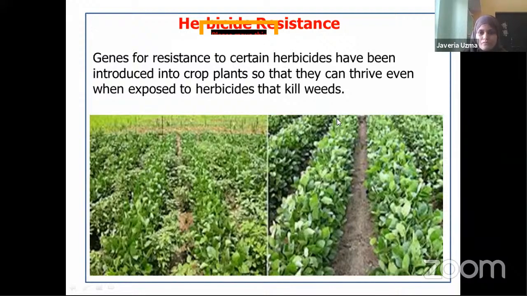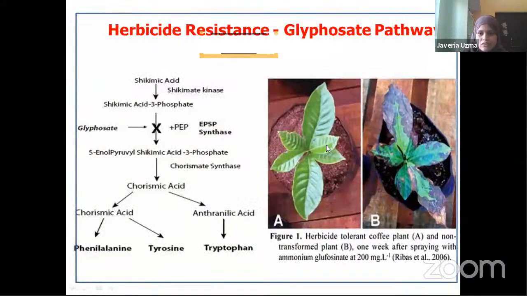These are two coffee plants: this one is herbicide resistant and this is herbicide sensitive. If you spray herbicides here, it will not show any effect, whereas this plant, because it is not transgenic, has no gene giving resistance to herbicide, so it will be affected when you spray herbicide.